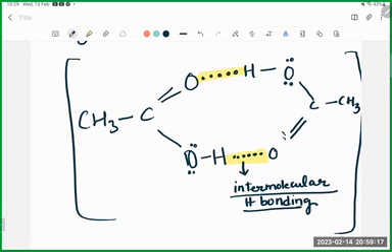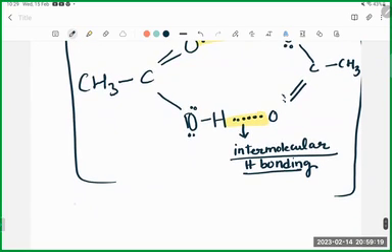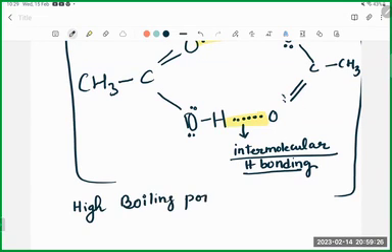Yes. So why do they have a high boiling point? You got the reason. This is the first and most important physical property.